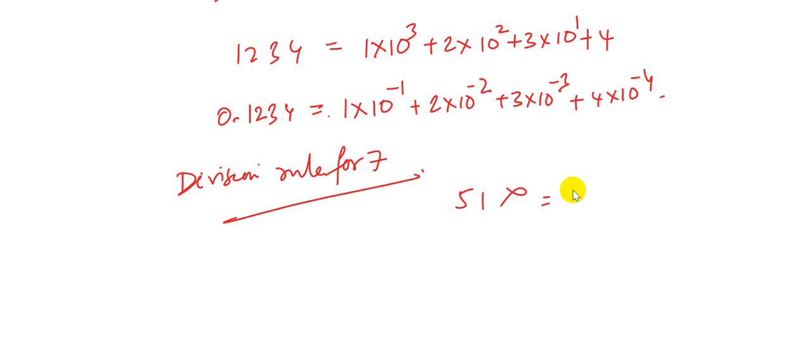Now, how do I write this? I write this as 5 into 10 plus 1. Correct? Right? 49 is divisible by 7. This is 4 into 10 plus 9. Correct?